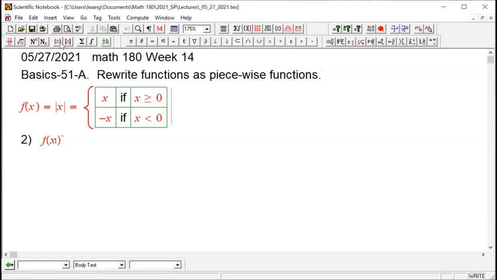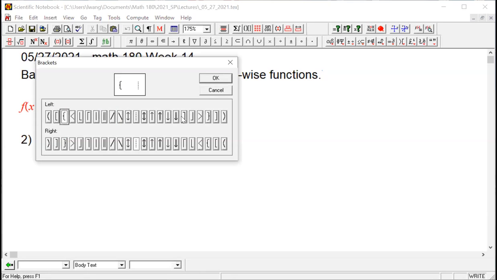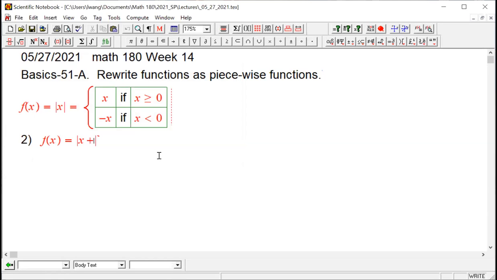How do I make, I'm sorry, f of x is the absolute value of x plus 2. How do you make these two pieces? In what we're doing now, we're not worrying about the graphs.